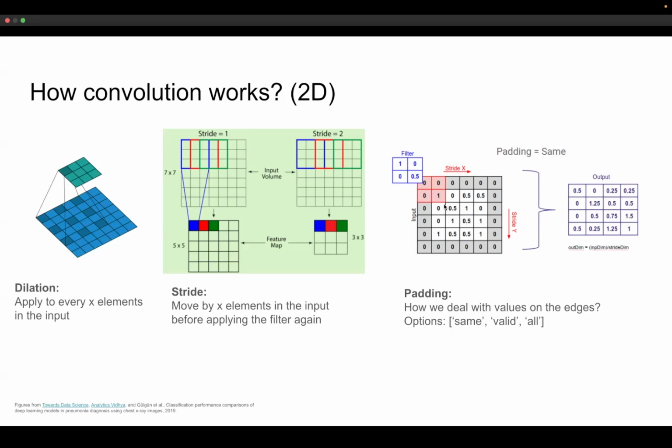And valid means that we don't use any of the padded zeros. We just keep all the entries in the input channel that are fully covered by this filter. So if we think about the shape of the output feature map, you'll get the biggest feature map with all, then same, and the smallest feature map will be this valid option.